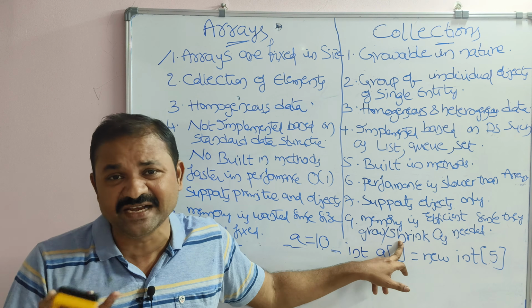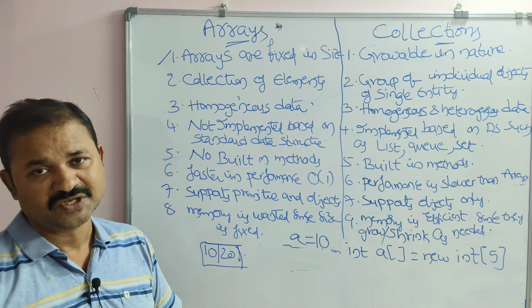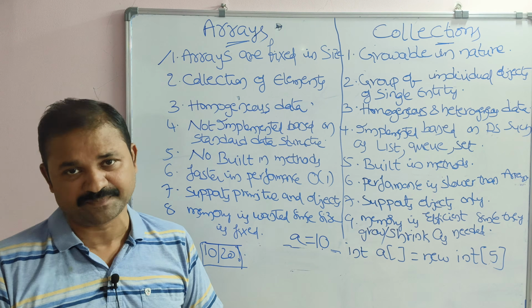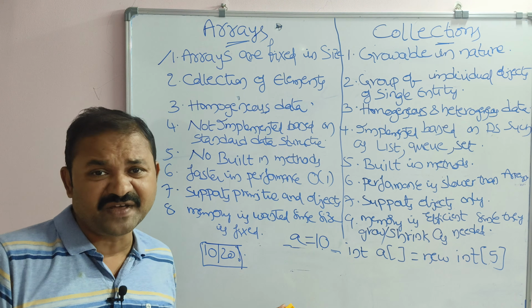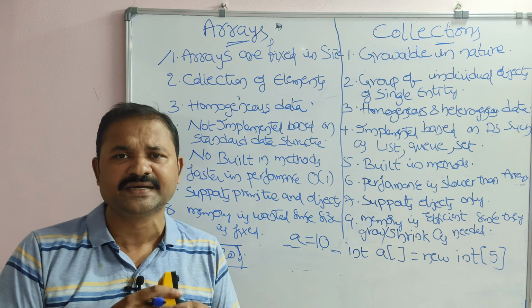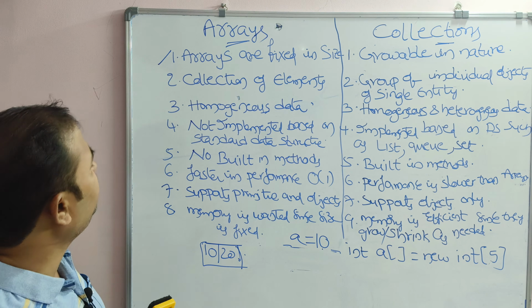The collection reduces according to our requirement. So collection is dynamic. According to our requirement, the size of the collection may increase or decrease. So that is the first difference.